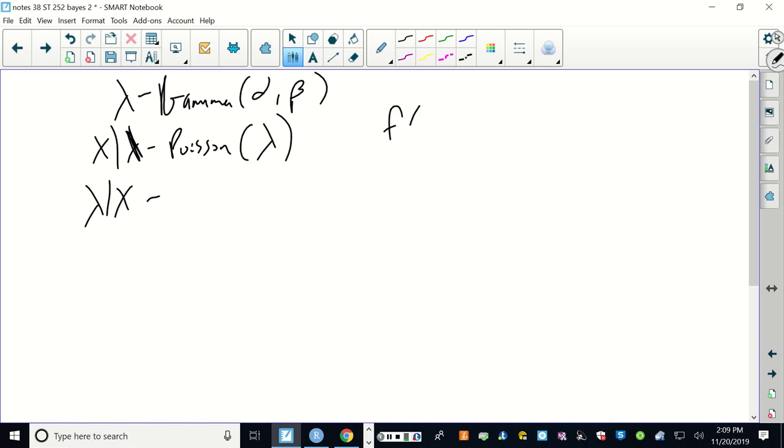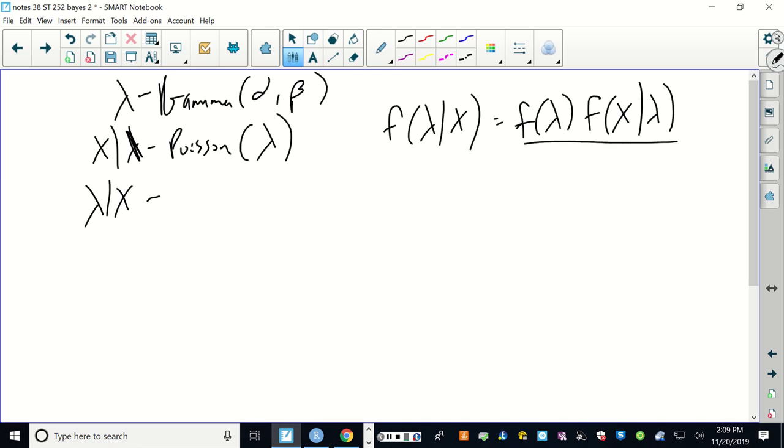The density for lambda given x, we look at that probability density. It's the prior density for lambda, times the probability for x given lambda, and the denominator is this marginal distribution for x. Right?